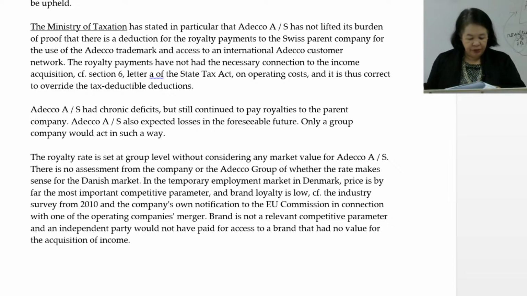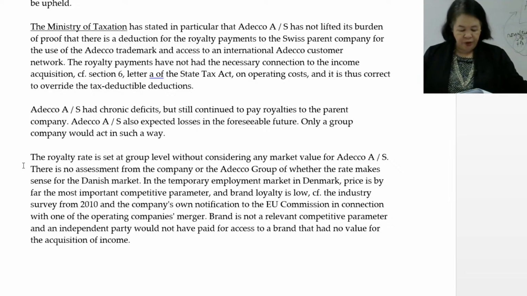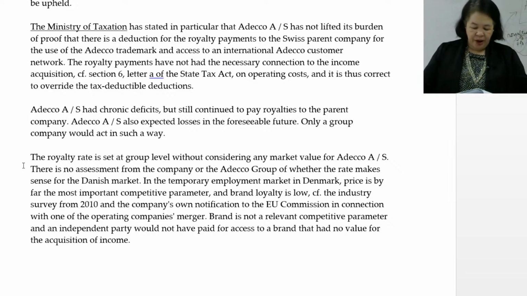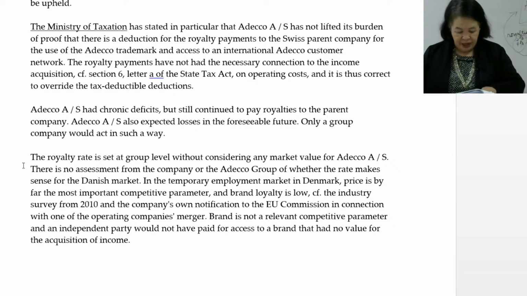Okay. So the royalty rate is at group level without considering any market value for Adecco AS. So there is no assessment from the company or the Adecco group of whether the rate makes sense for the Danish market. In the temporary employment market in Denmark, price is by far the most important competitive parameter and brand loyalty is low.